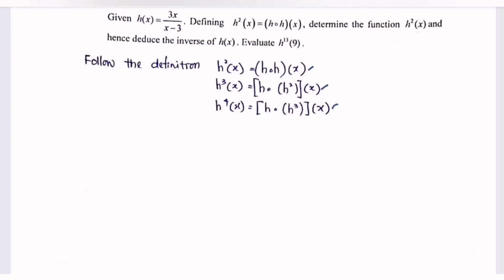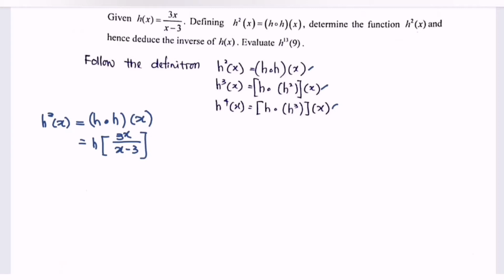Next, move on with the situation. Given h squared is equals to h ∘ h. Kindly substitute the function h into the function h. So where we have h bracket 3x over x minus 3 into the function h.